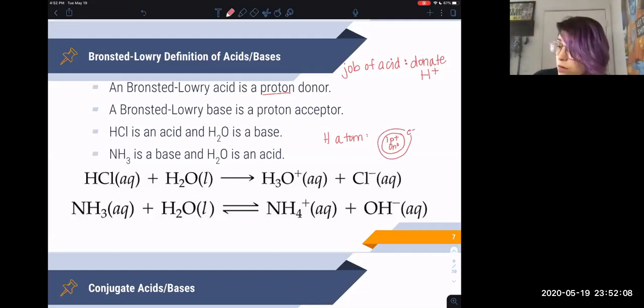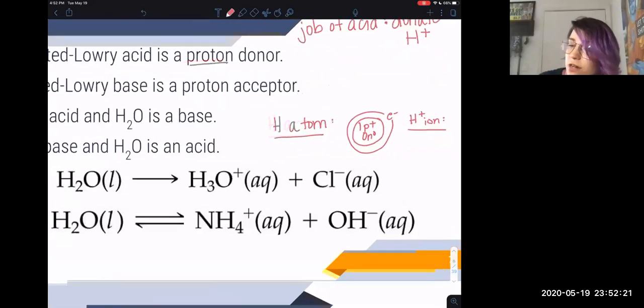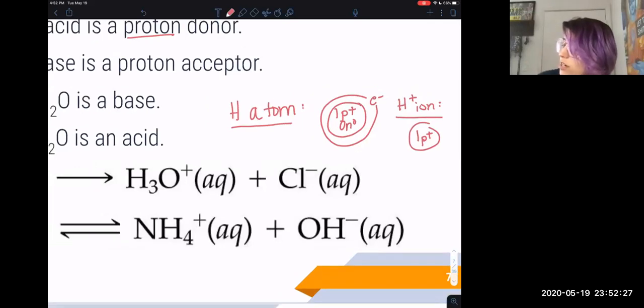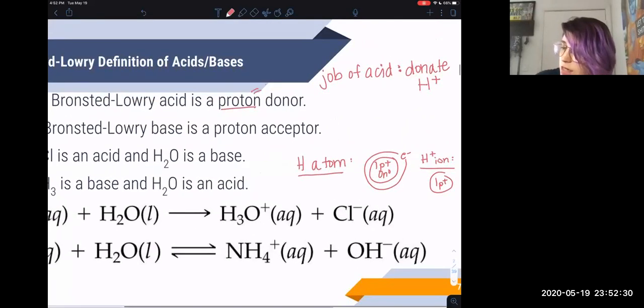So, what about a hydrogen ion? What do you do to make a hydrogen atom into a hydrogen ion? Gotta lose that electron. Yep, we're a cation. So we're just gonna be 1 proton, no electron. A hydrogen ion is a proton.